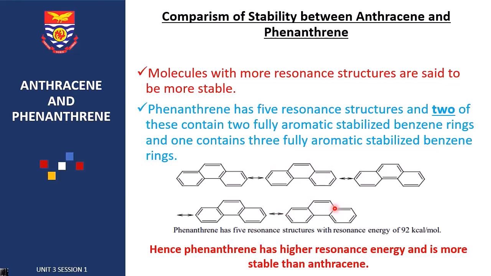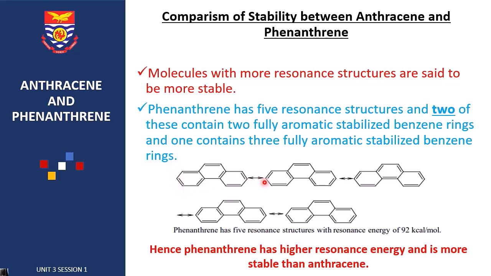So this has two complete benzene rings. And look at the third resonance structure. This resonance structure has three complete benzene rings, right? The number of complete benzene rings present in phenanthrene makes phenanthrene more stable than anthracene.